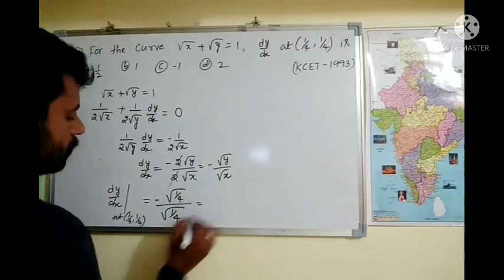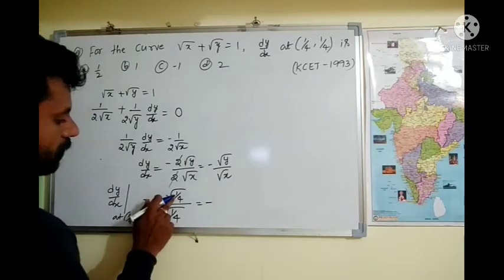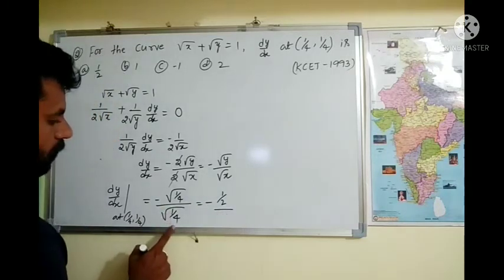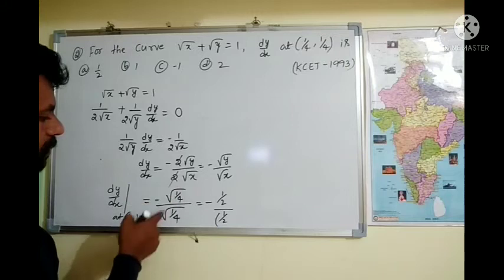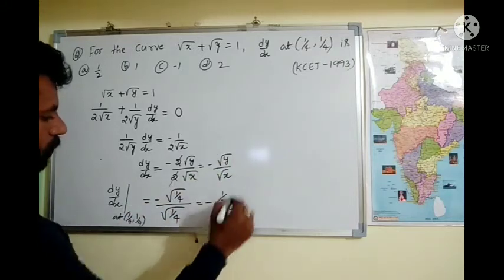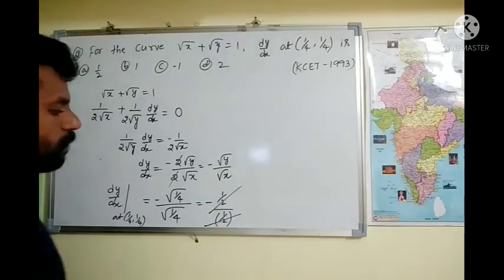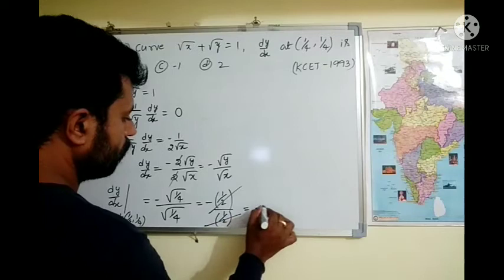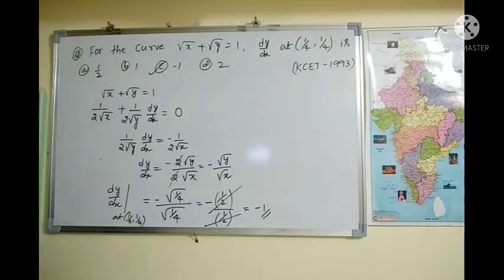This result is equal to minus of root of 1 by 4: root of 1 is 1, root of 4 is 2, so 1 by 2, and the denominator also gives the same 1 by 2. Or you can directly cancel: root of 1 by 4 cancels with root of 1 by 4, we get 1 into minus, so the result is minus 1. Minus 1 is the required solution.